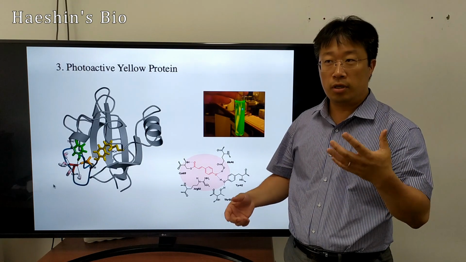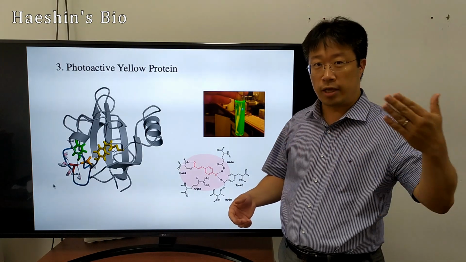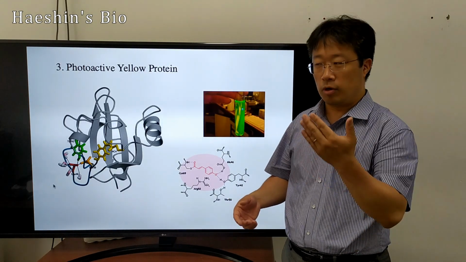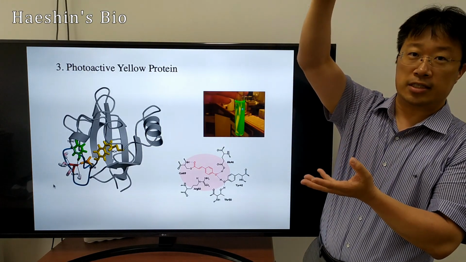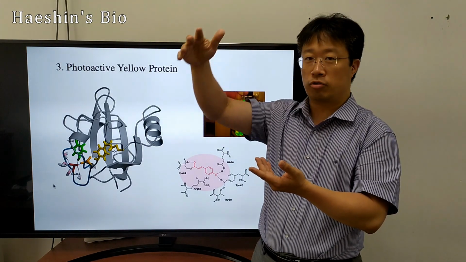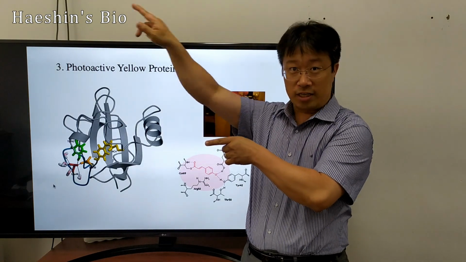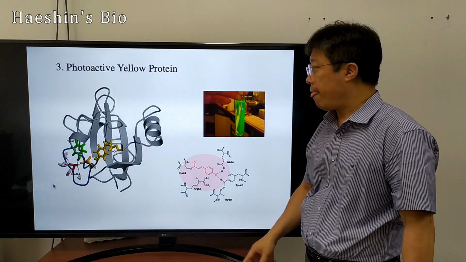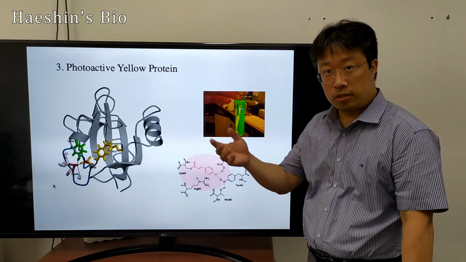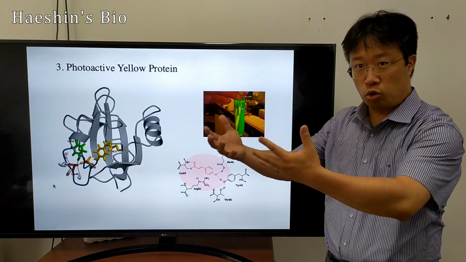But as you know, for fluorescence you need the activation of the molecule, and then the molecule becomes the excited state, and then becomes the ground state, and there are photons released from this photophore. This protein is basically color absorption based.